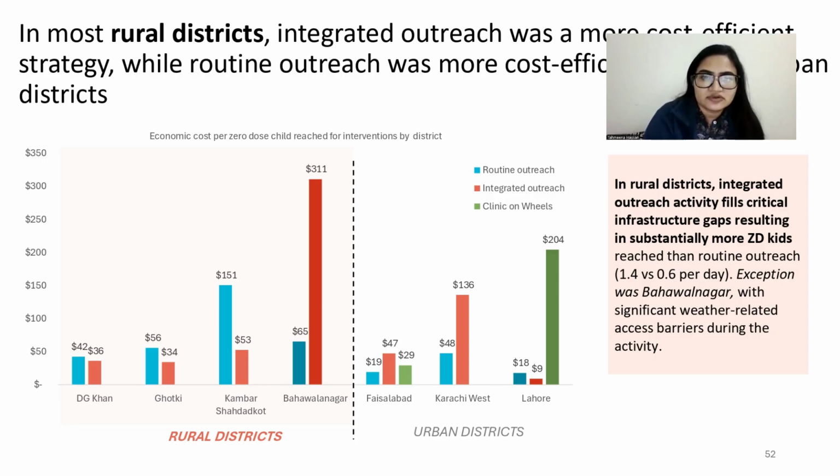This pattern is observed in all the rural districts, DG Khan, Ghotki, Kambar Shahdadkot, and Bahawalpur, except for Bahawalnagar. In Bahawalnagar, the highest cost for the integrated outreach program was due to the fact that at the time of implementation of IOA there was a flood season, which compromised the overall efficiency of the integrated outreach.